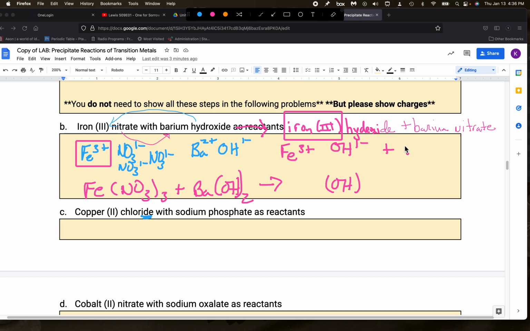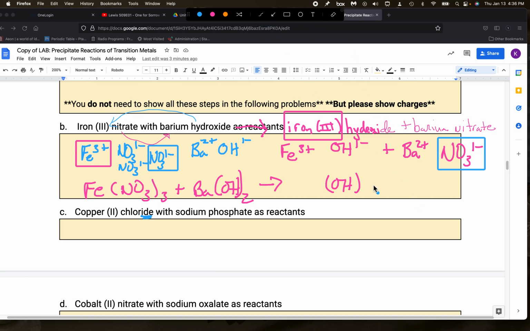We're not going to do the whole thing, sorry. And then you still have barium. Nothing's changed about the barium. It's still 2 plus. And nothing's changed about the nitrate. It's still 3 minus. So here, this nitrate and this nitrate are the same thing. We don't mess with it.